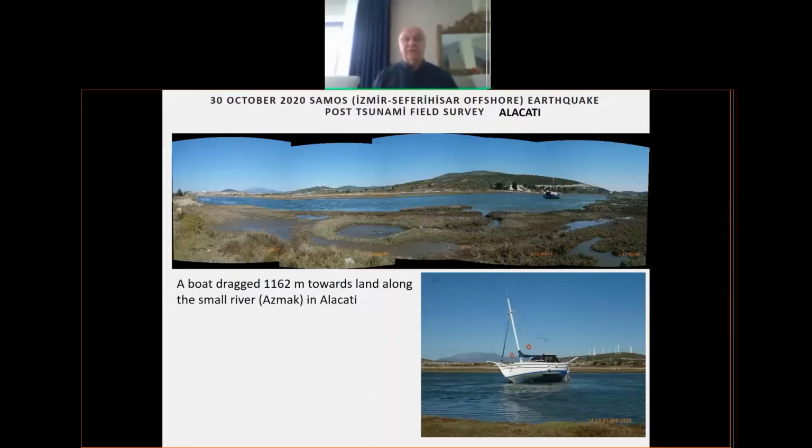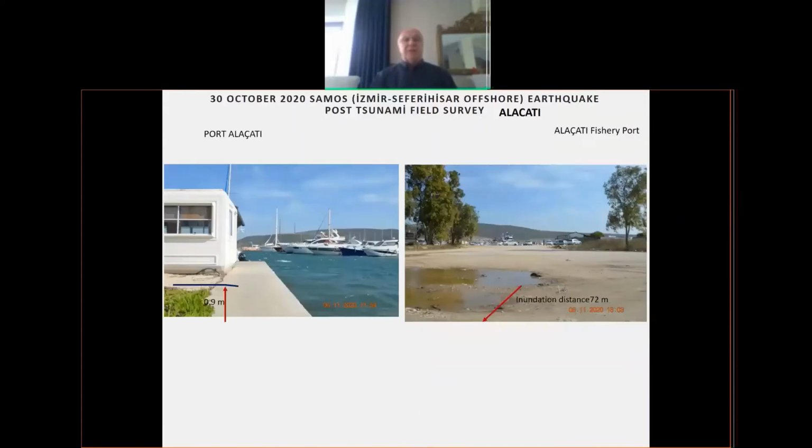It was interesting that one of the dolphins was also dragged by the tsunami, and it was found 1 kilometer inland from the sea. This was interesting because dolphins can swim in extreme conditions, but this tsunami was stronger than the dolphin.